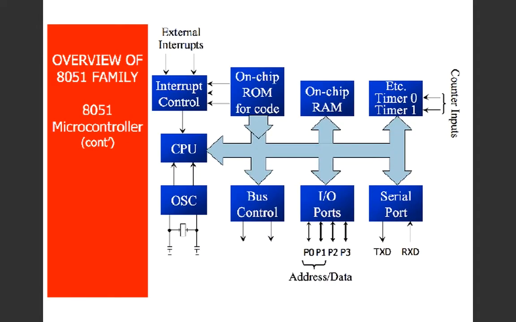The 8051 block diagram has the following parts: external interrupts, interrupt control, CPU, OSC or oscillator, which is connected to a crystal oscillator and 2 capacitors, ROM or read-only memory, RAM or random access memory, timer 0 and timer 1, counter inputs, bus control, and I/O ports, which are connected to ports P0, P1, P2, and P3.